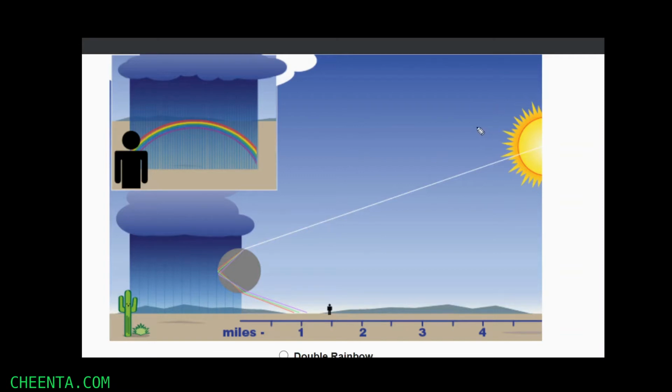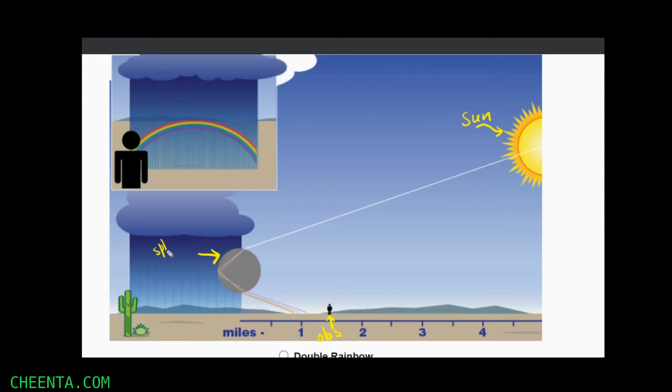So let's suppose that here is the sun and here is the observer, and he is standing here, and in front of him there is a place where it is raining, and I have considered a single spherical droplet from them.